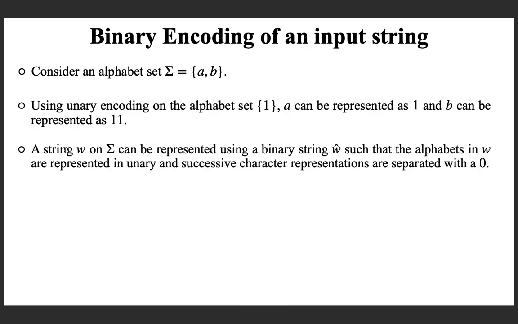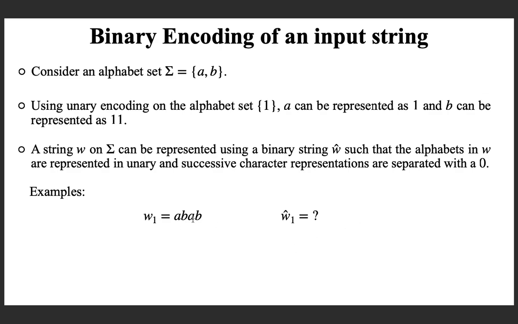Now a string w on the alphabet set sigma can be represented using a binary encoding W hat such that the alphabets in W are represented in unary, that is 1 and 1 1, and the successive unary representations of characters are separated with a 0. Look at an example to understand.